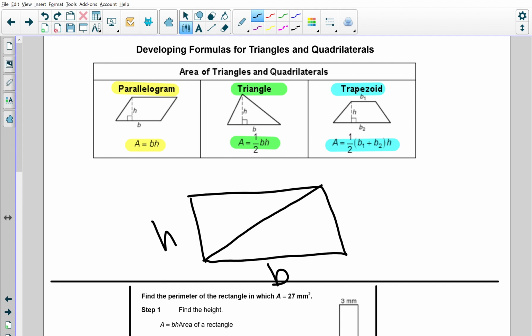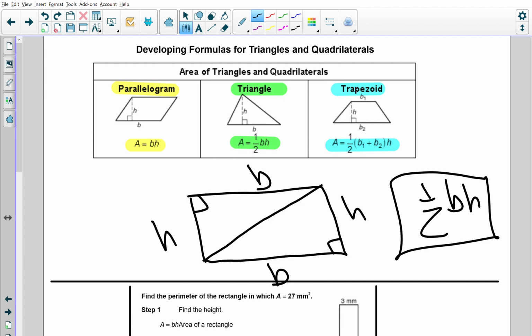Now we have two triangles. We already studied transformations, and we know that this situation right here is what? This serves as the triangle congruency criterion, and we know that these are equal triangles. So obviously the area of a triangle is half base times height.